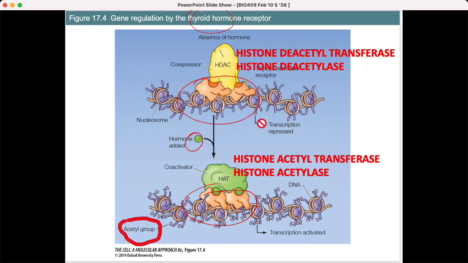There would be estrogen, and so then these are these enzymes, the histone deacetylase in the absence of estrogen, and the histone acetylase that get exchanged when estrogen shows up. And you see how these enzymes, they're really serving a role in transcription. So we could call those transcription factors.